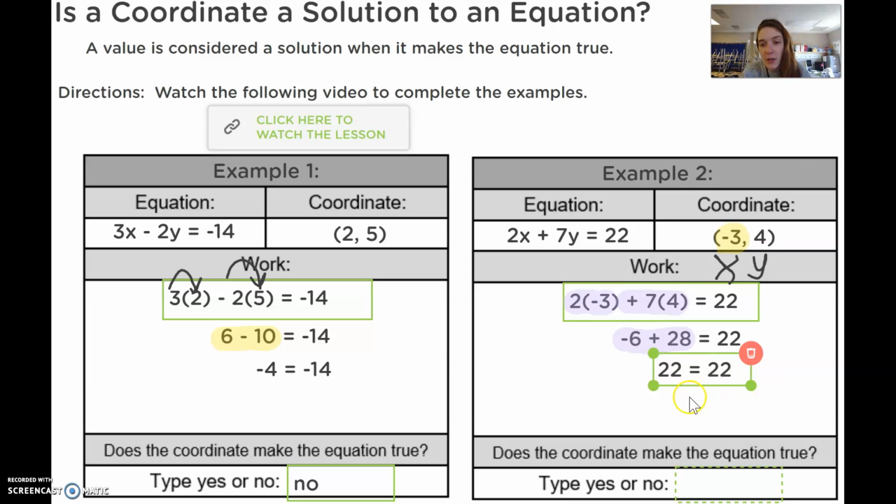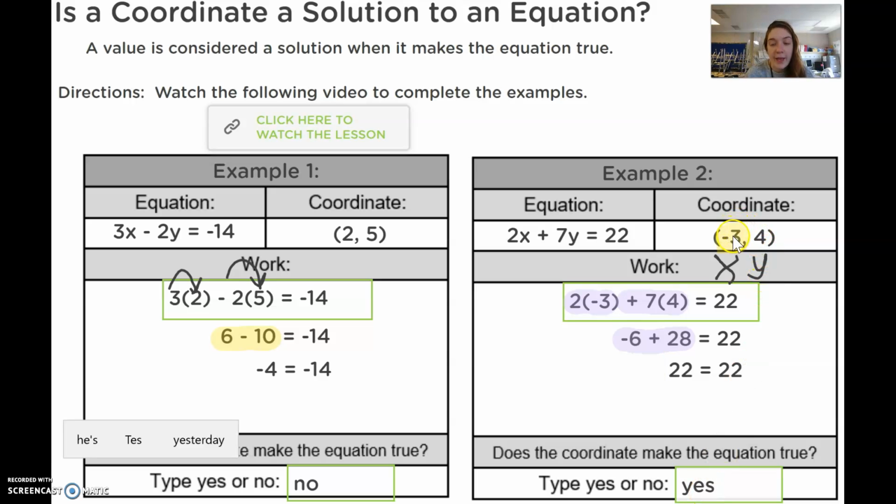And we're seeing, is that equal to 22? Yeah, it is. When we followed our order of operations and simplified the one side, it equaled the same answer. This one is true. So negative 3, 4 is a solution to the equation that was given.